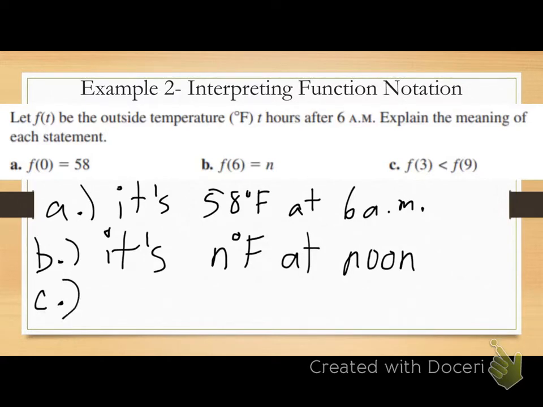Letter C. F of 3 is less than f of 9. Does someone want to raise your hand and take a stab at interpreting this statement? F of 3 is less than f of 9.